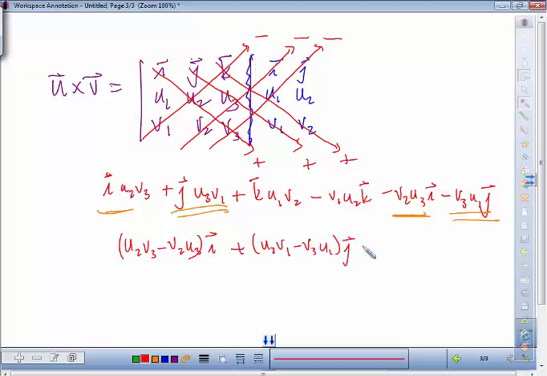And then you collect the K's together, and that has a U1 V2 minus V1 U2 with a K. So I don't know if this is easier, but this should look pretty much like that formula that we saw on the previous page. It should be exactly the same.